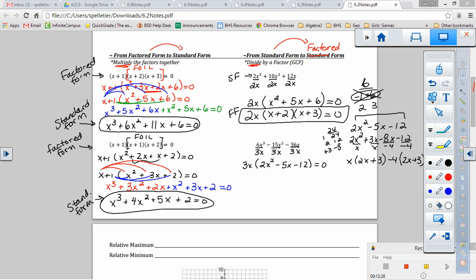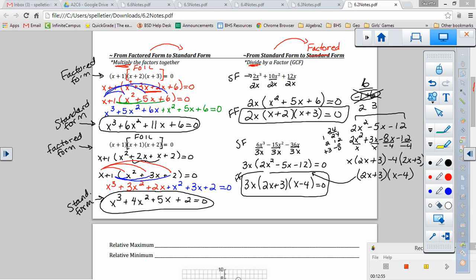And I know I'm doing it right because I'm getting the same two factors in the parentheses, 2x plus 3 and x minus 4. Those are going to go here in place of that trinomial. So all factored down, I have 3x, 2x plus 3, and x minus 4. So factored form. And this was standard form.